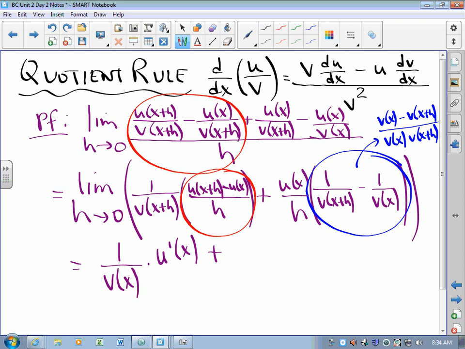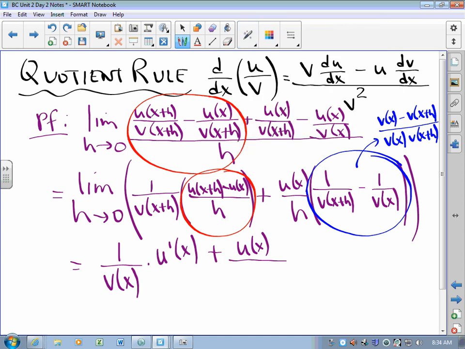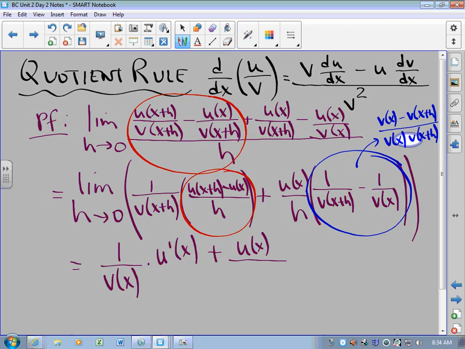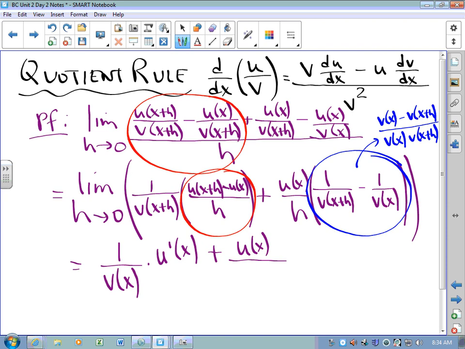So what have I got? I've got u of x over, magic pen, this thing. This thing, as h gets closer and closer to 0, gets closer and closer to v of x squared. That's what's going on your bottom.